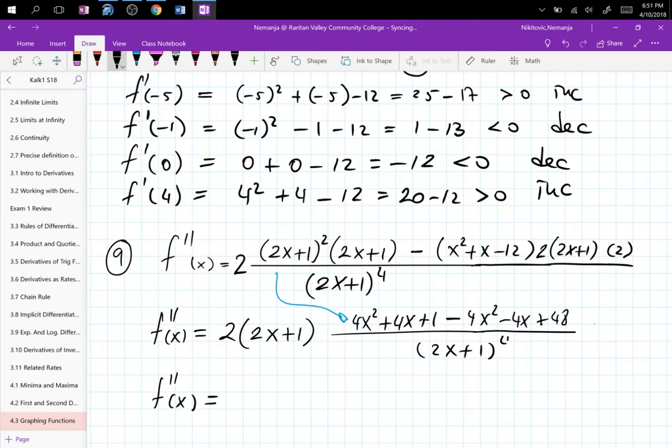Over 2x plus 1 to the 4th. Now these cancel, we get a 3 over here.